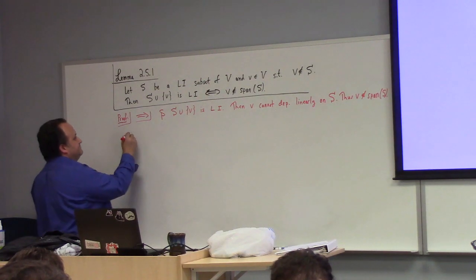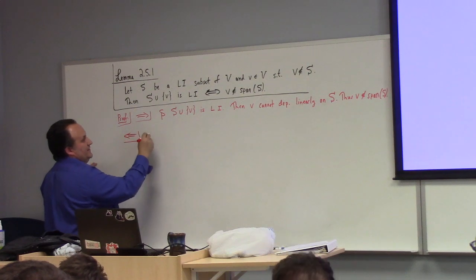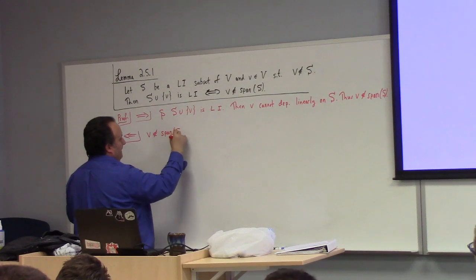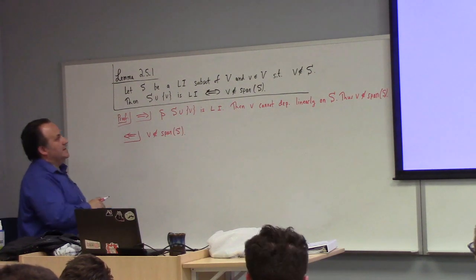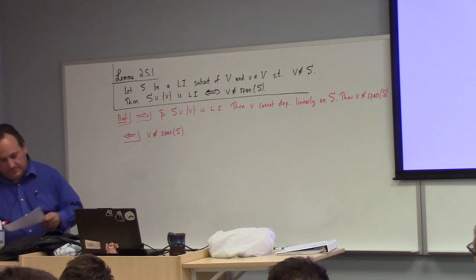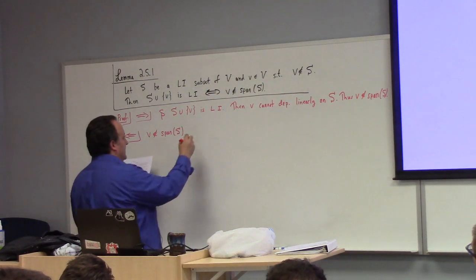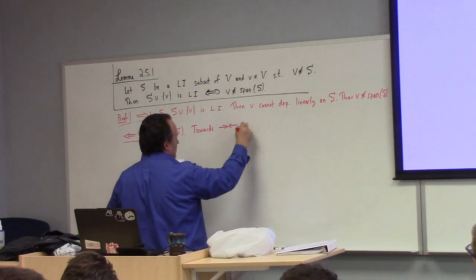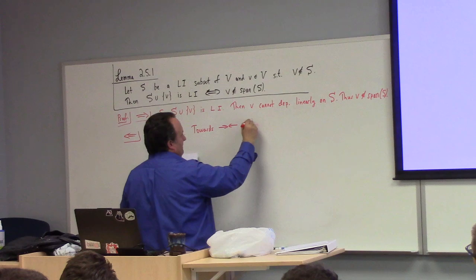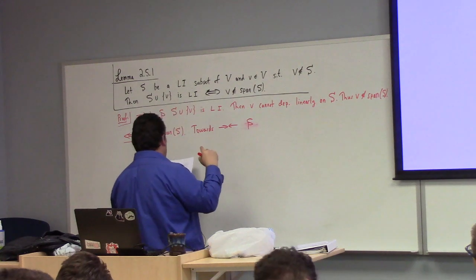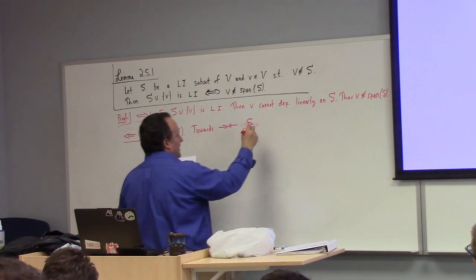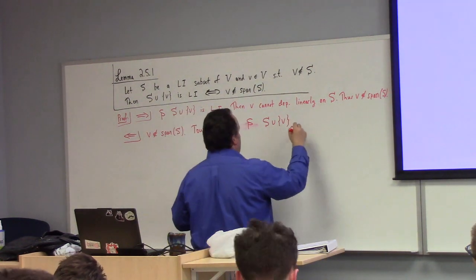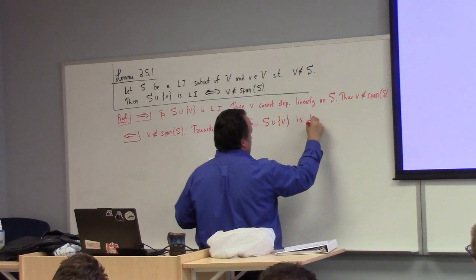The converse direction. Let's suppose that v is not an element of the span of S. Towards a contradiction, suppose S unioned with the vector v is linearly dependent.